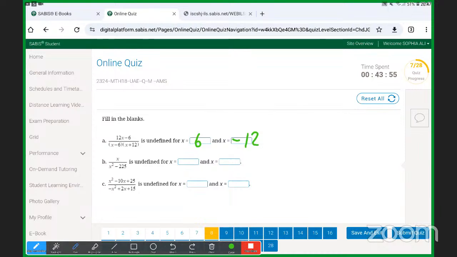Next, it is undefined when? Tell me. When it is equal to 0, yes. So what should you do?